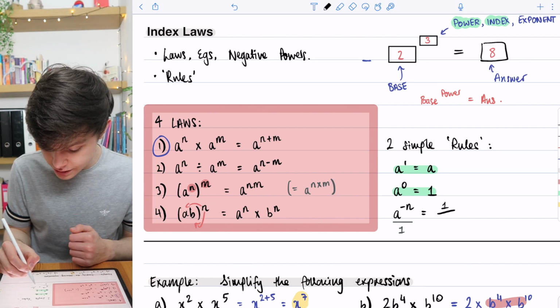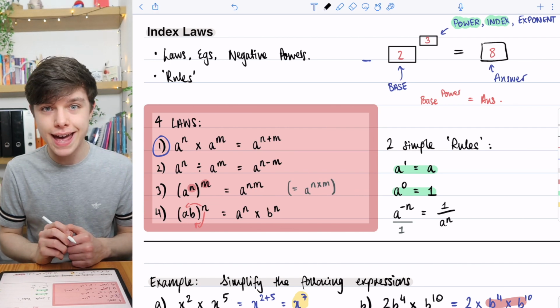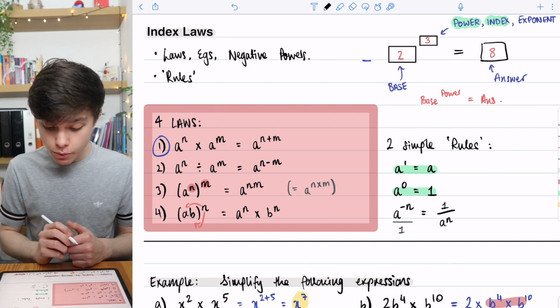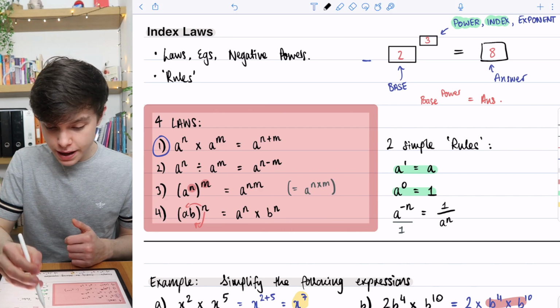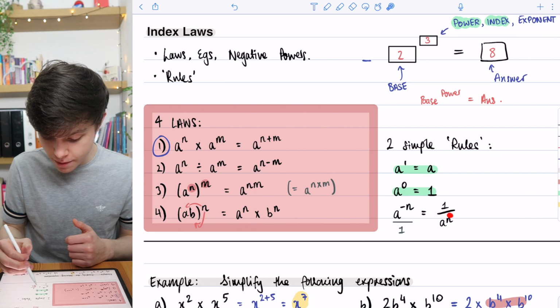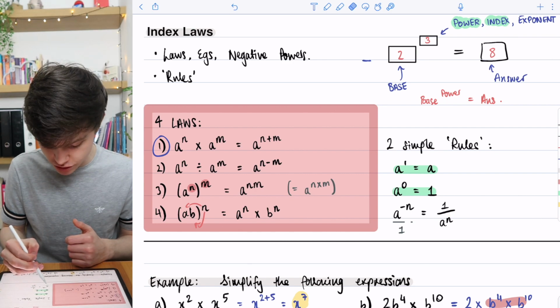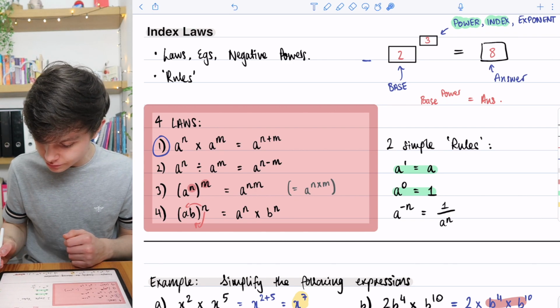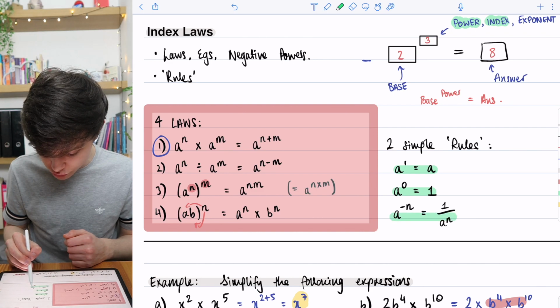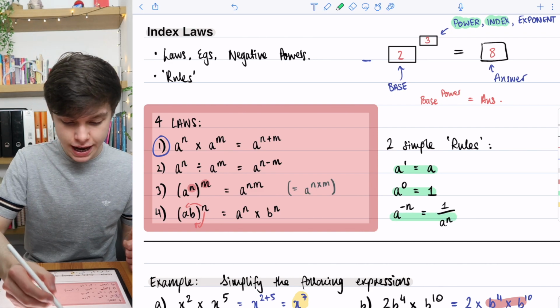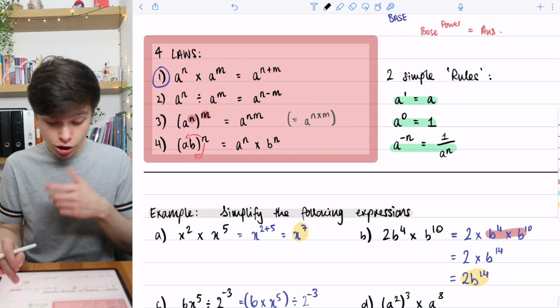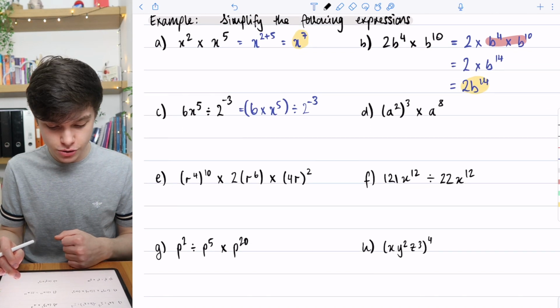We say 1 divided by a to the n. What we do when we take the negative power is write 1 over the positive power. And I'm just going to get rid of that grey one now. Alright, so that's another rule. So I suppose we should have really had that at the start, but if you knew it at GCSE, then you would have been able to do C.